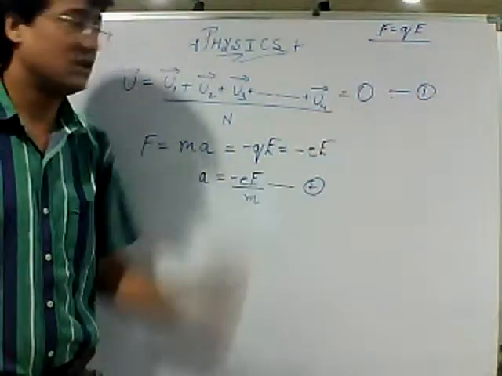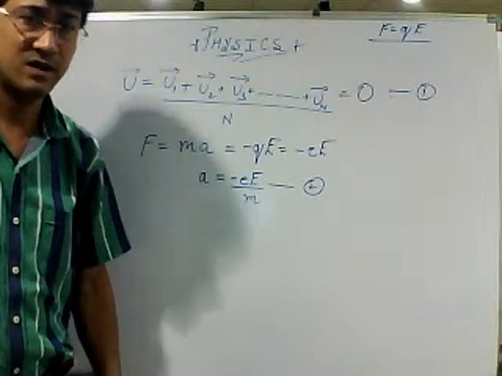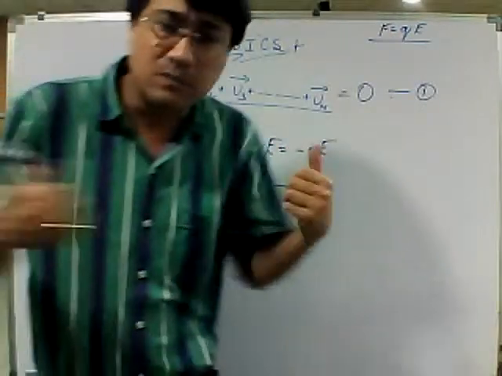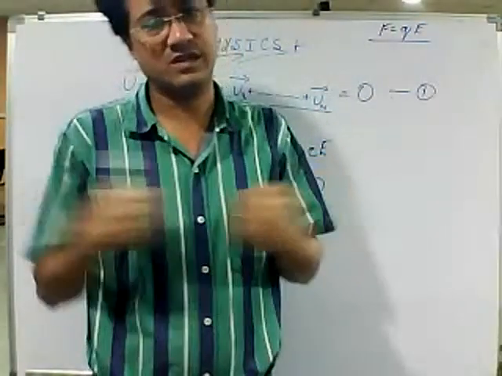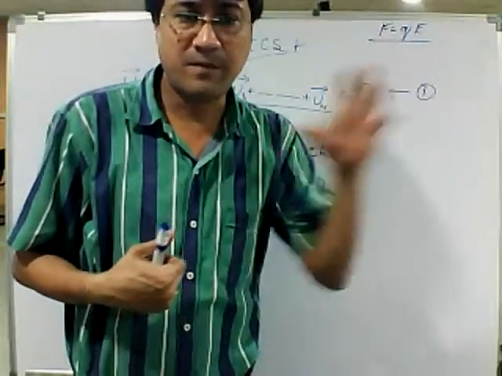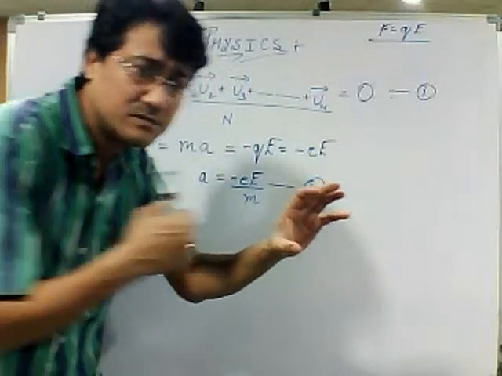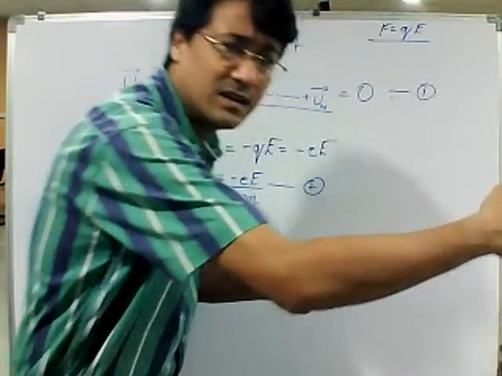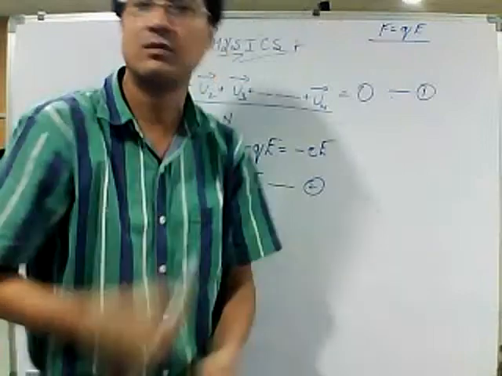So we got the initial value, and we got the value of acceleration. When these particles move, of course there will be a collision. But before collision, it is accelerating. It will collide, and again it will be accelerated. Again it will collide.